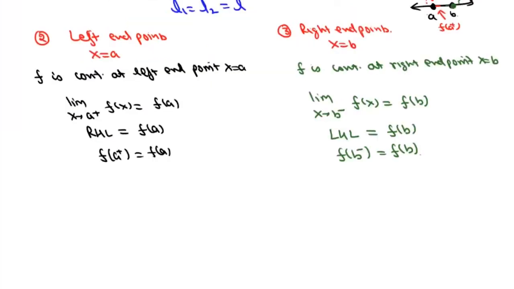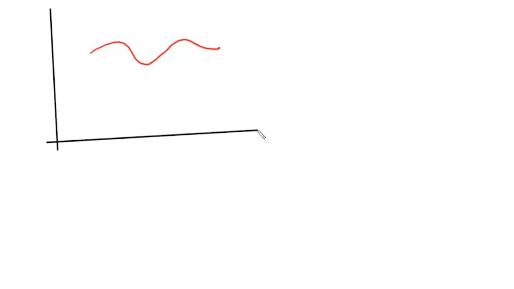Now if we consider the graph of this function f(x), which is a continuous function defined on this closed interval [a, b], this point is x equal to a, this point is x equal to b, and this point is x equal to x naught.